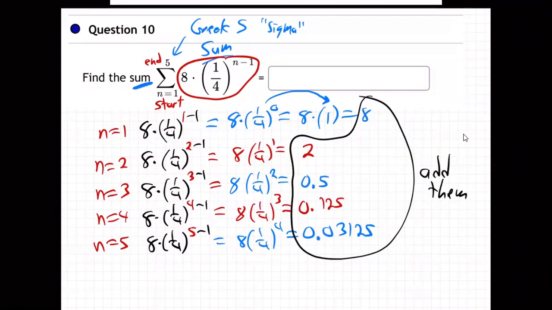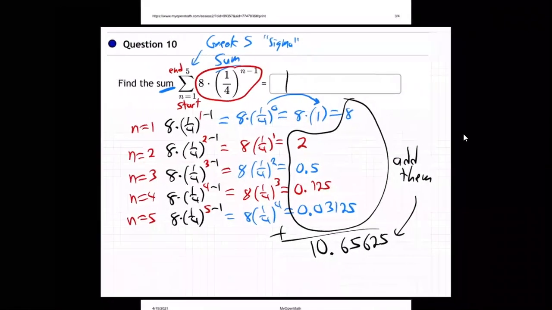Because that's what the Greek S stands for, sum. Add them up. So let's do it. And I'm getting 10.65625. There's our answer.